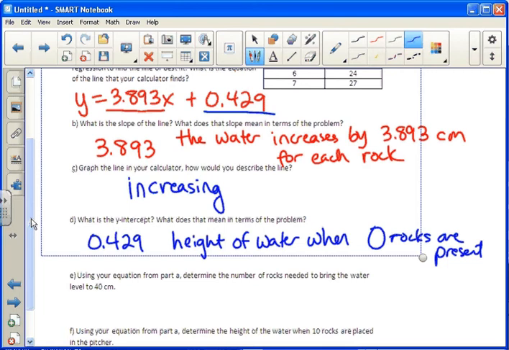Part E. Using your equation from part A, determine the number of rocks needed to bring the water level to 40 centimeters. So water level is our y, so we're going to plug in 40 for y and solve for x.